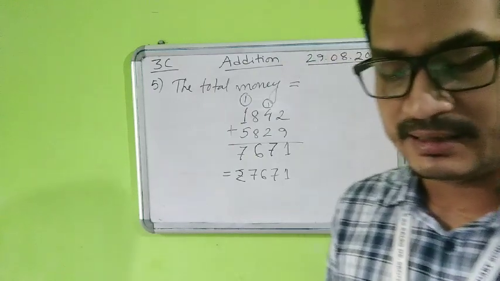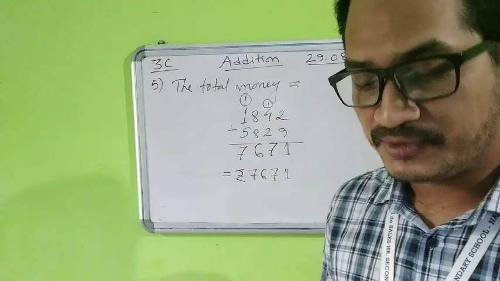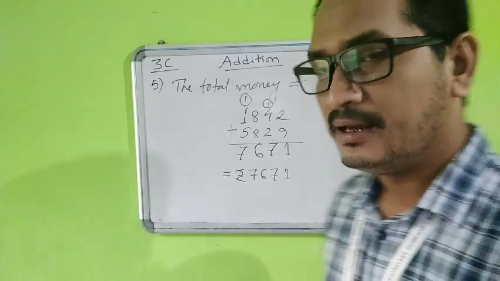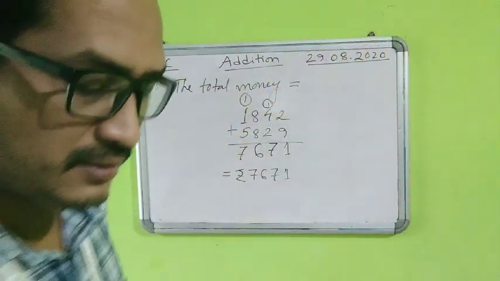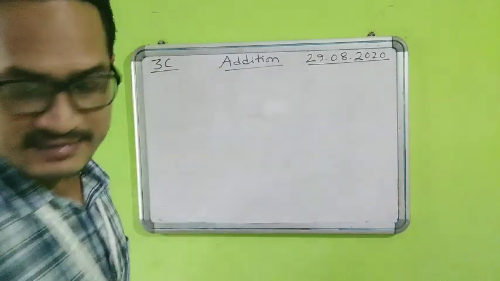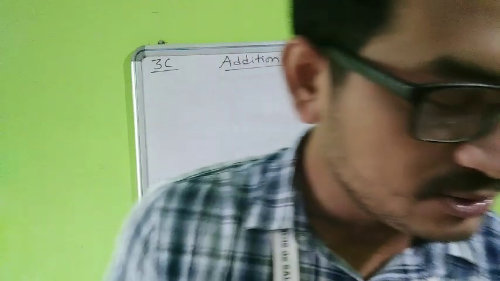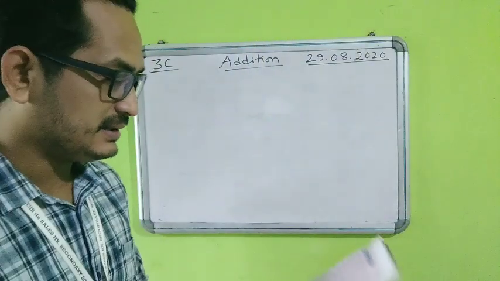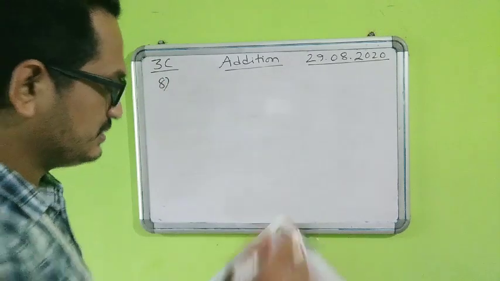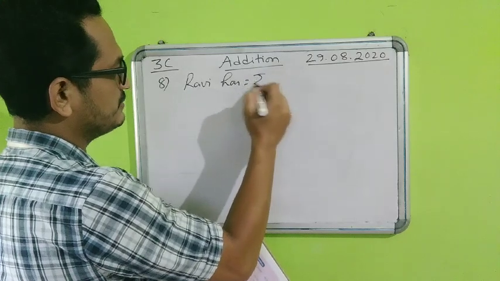Question number 8, that is, Ravi has rupees 578 and Sunita has rupees 212. Estimate the total amount they both have. Now they are saying estimate. So whenever we see this word estimate, what we need to do, students? We need to round off first to the nearest tens place, and then we need to add. The first amount in question number 8, how much money Ravi has?